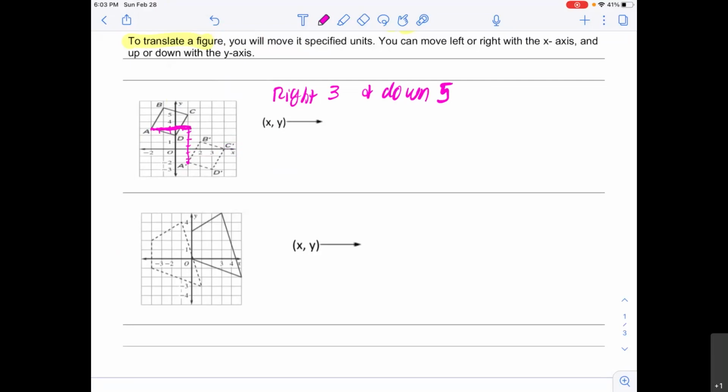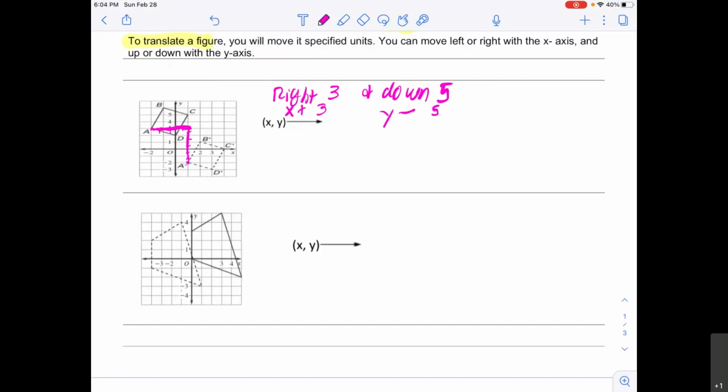So my x moved to the right 3, which is the same as +3. Right 3 is adding 3 to my x. Down is on the y-axis here. Moving down is getting more negative. So this is going negative on my y.